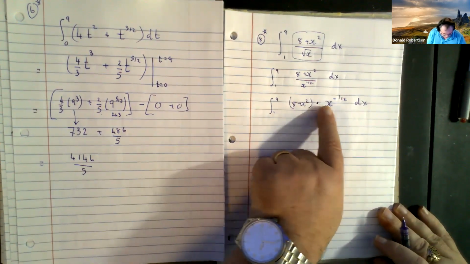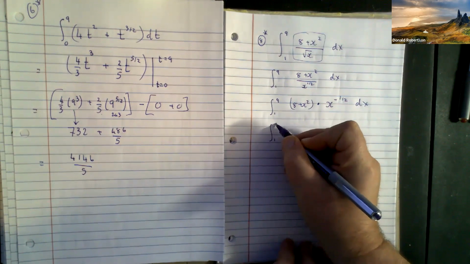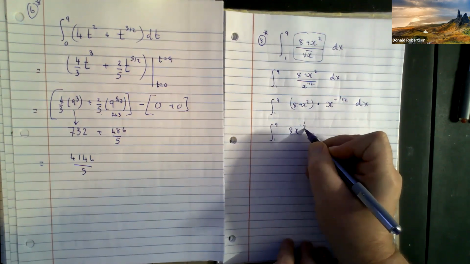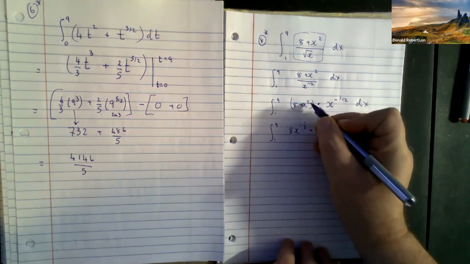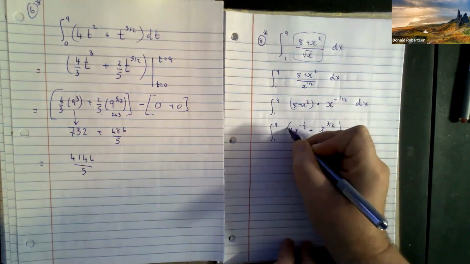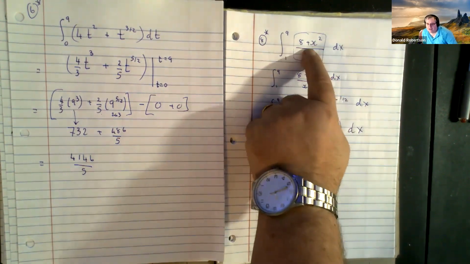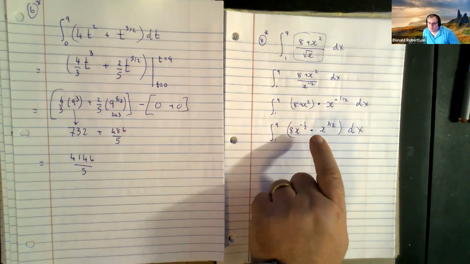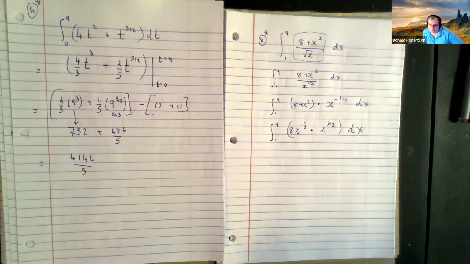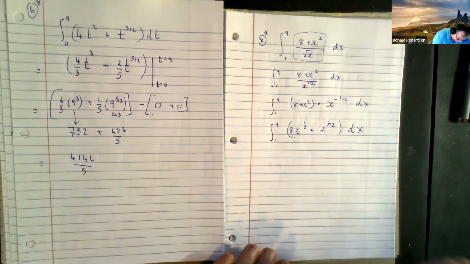So these two terms are going to get multiplied by x to the negative half. 8 times x to the negative half plus 2 take away a half is what, 3 halves. We're done. So this guy had to be converted into individual powers of x so that we could use the power rule. They're not very pretty, but we need them.